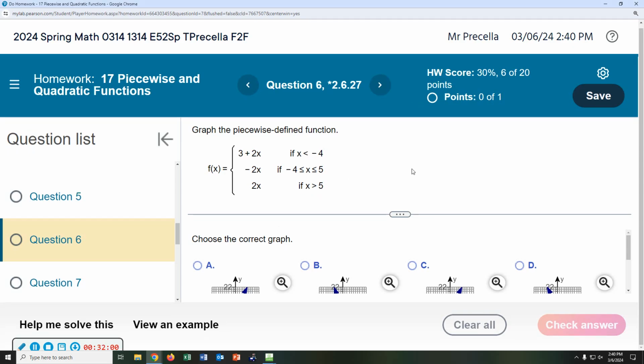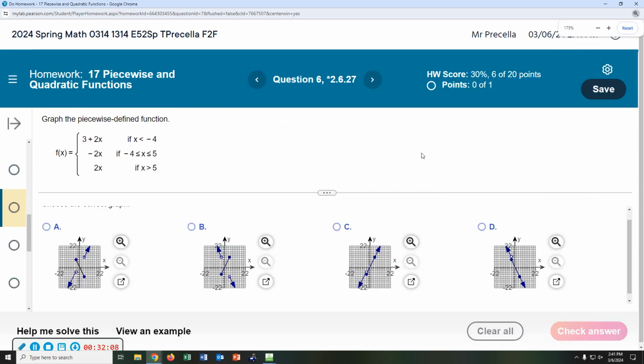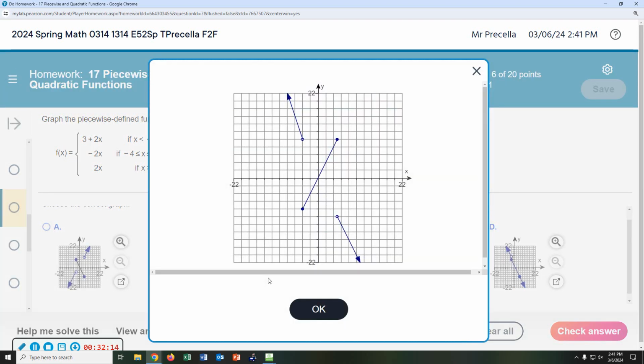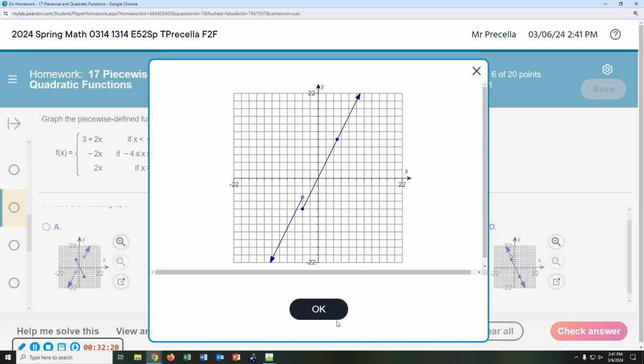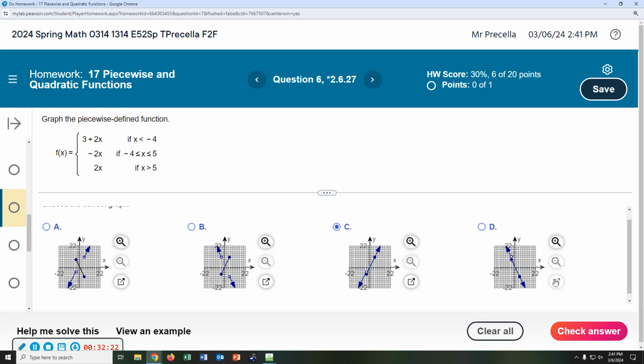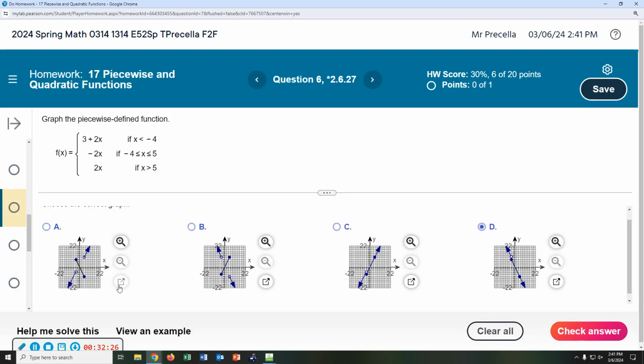Okay, so here, let's see. I'm going to make it smaller. Okay, there, that's better. Start blowing them up. I'll start with B. It's definitely not B. Is it C? No. D? I suspect it must be A. Let's see.